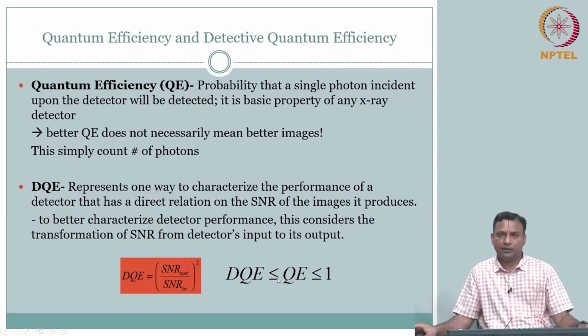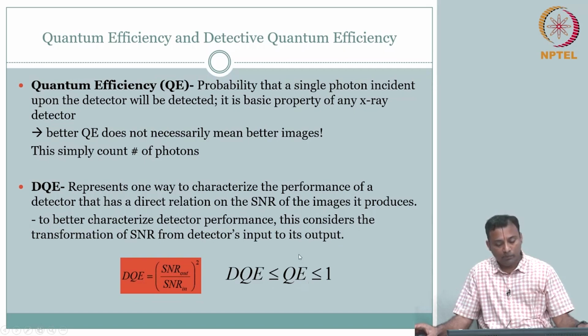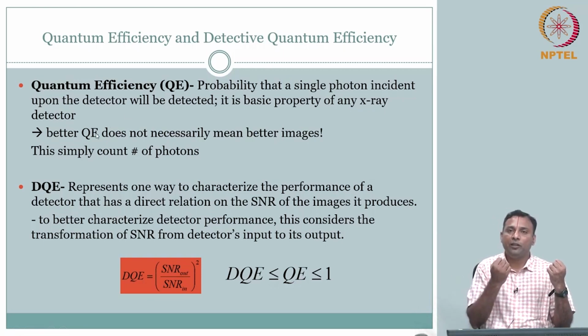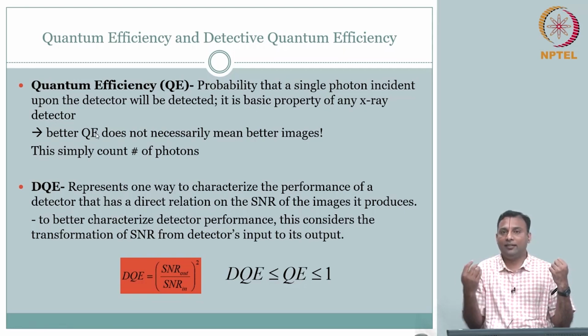Okay. So what can we tell from this? Well, we already talked about quantum efficiency. Quantum efficiency is also less than 1, but your DQE is even less than QE. Why? We talked about having the same QE, but if the detector is not able to localize, if there is a fluctuation, then the image quality will be different.